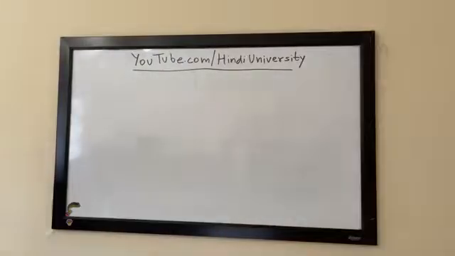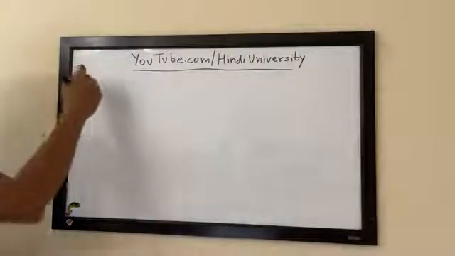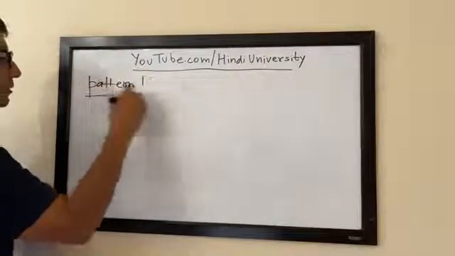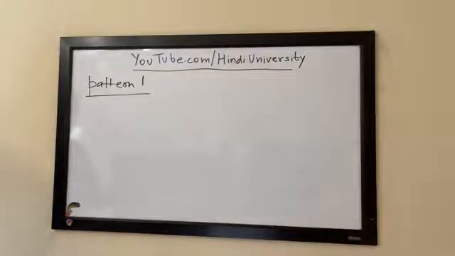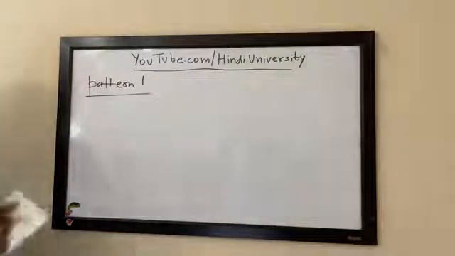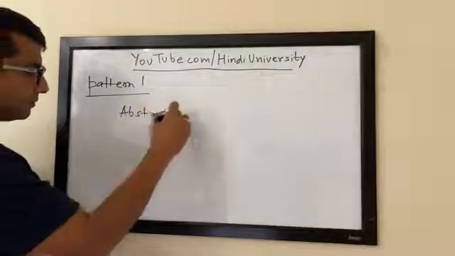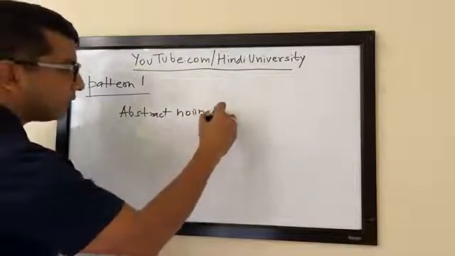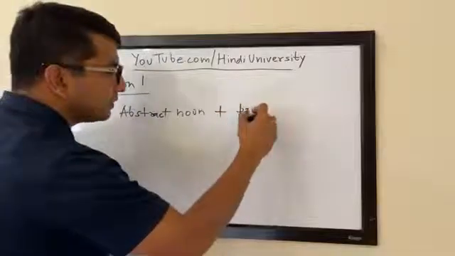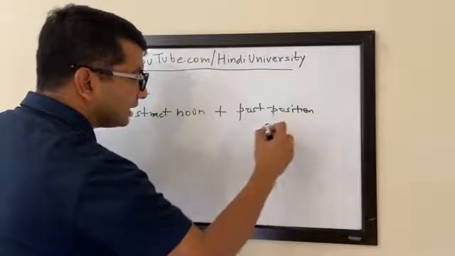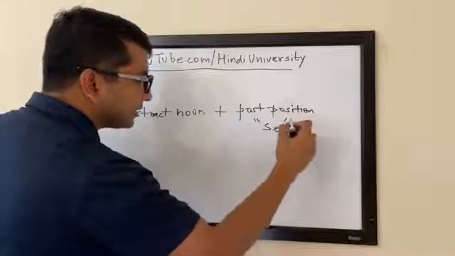So pattern number 1 is basically how you form the adverb. You take the abstract noun, and you put the postposition se next to it.